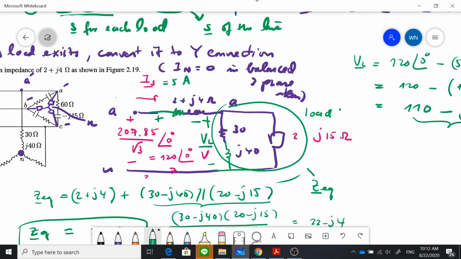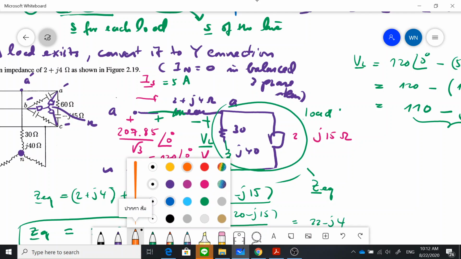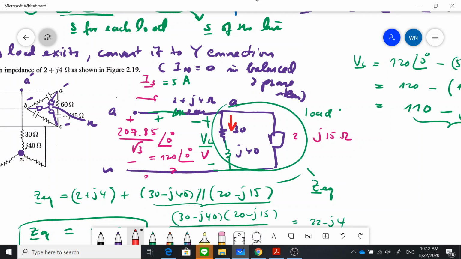That means the problem wants to see the current flowing into each phase. This is I1 and this is I2. So problem C asks you to give the answer for I1 and I2.